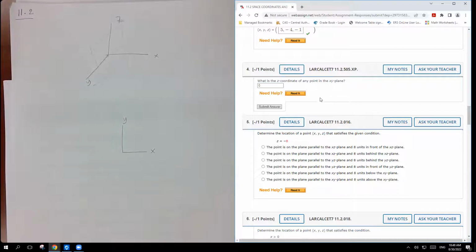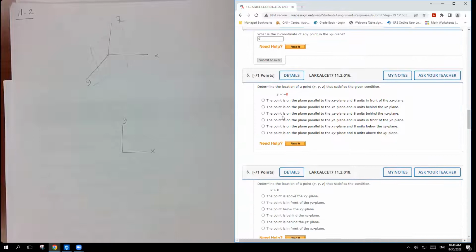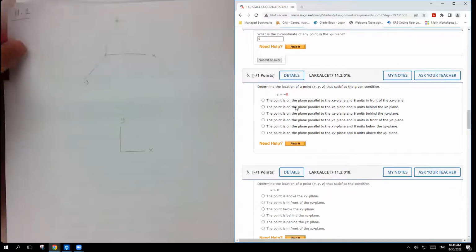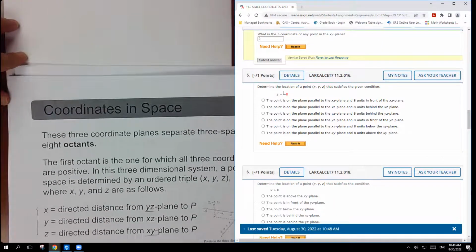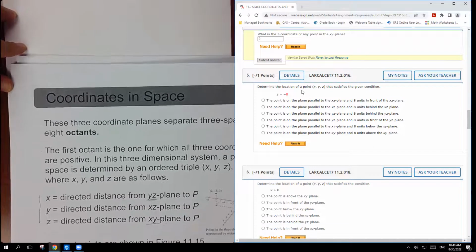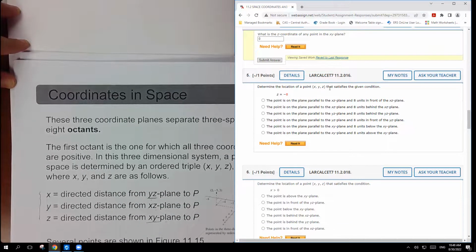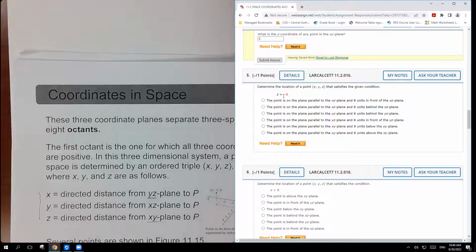Okay. Now the next one, what they're telling you, determine the location of the point X, Y, Z that satisfy the given condition. Z equal -8. So they give you the Z. That means the point is going to be directed to which plane?